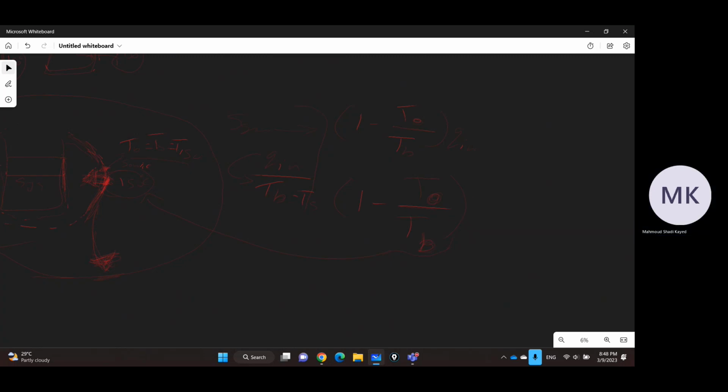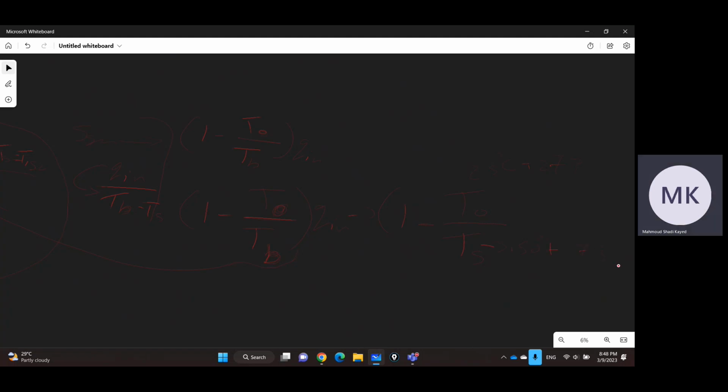So this term will be 1 minus T naught over the temperature of the source. Here let it be 200 degrees centigrade. Of course, you add 273, and here it is 150. You add also 273.